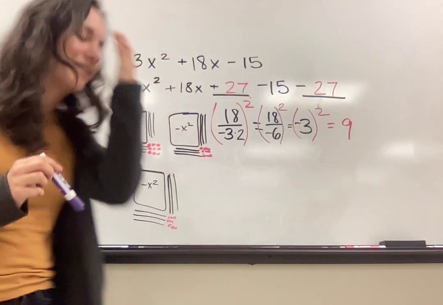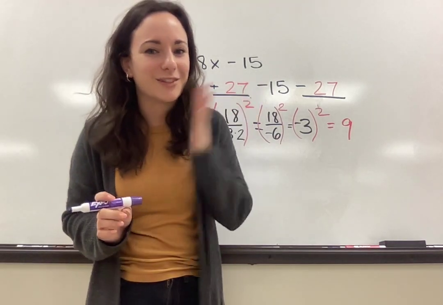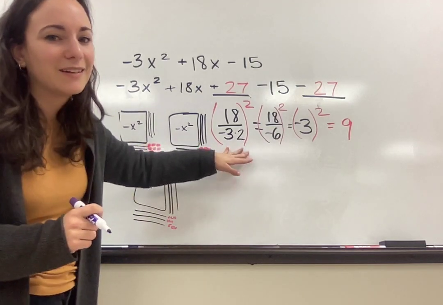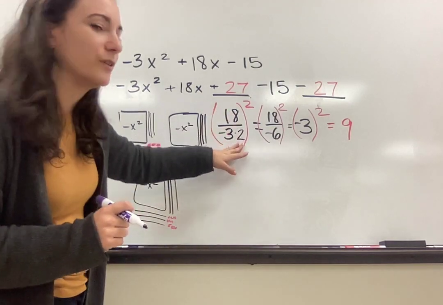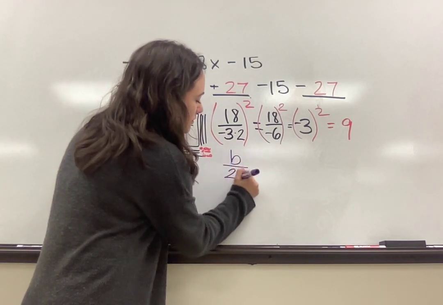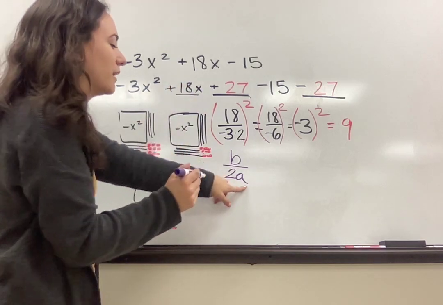Okay, here's the thing. I'm going to take that negative out for just a second, as long as I'm keeping the fact that I'm dividing b over 2a, because it's my b, my 2a.